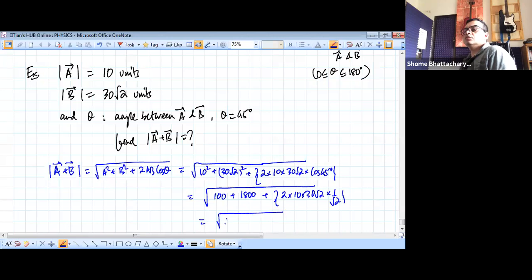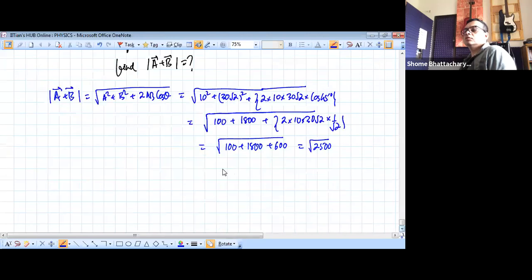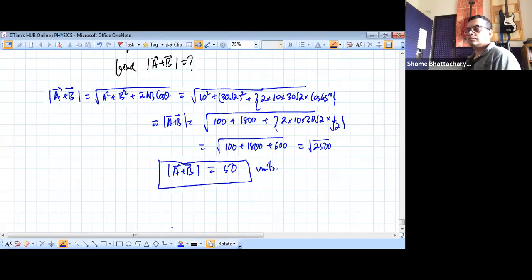So as you can see, this becomes 50. So this is the direct formula based approach that you can take in a question like this.